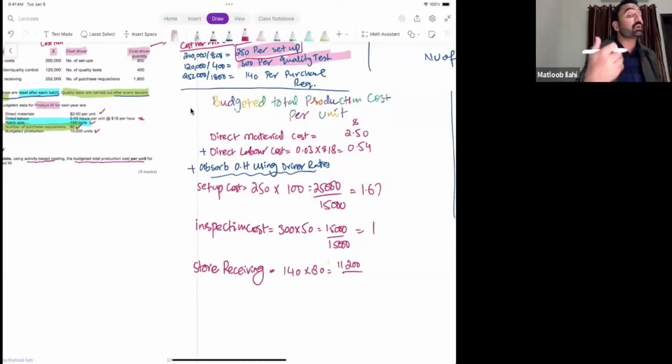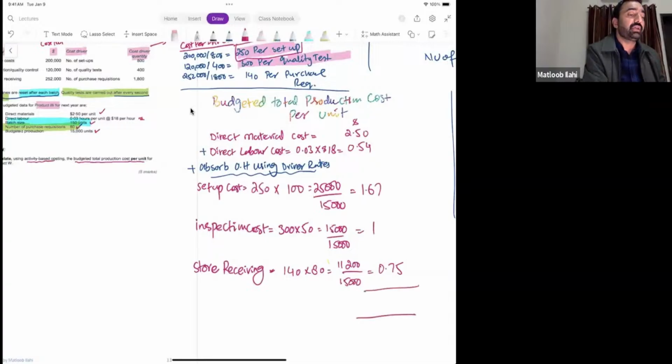And now you need to calculate per unit. So divide this by 15,000, and this is 0.75. Well done. Perfect. Wonderful.